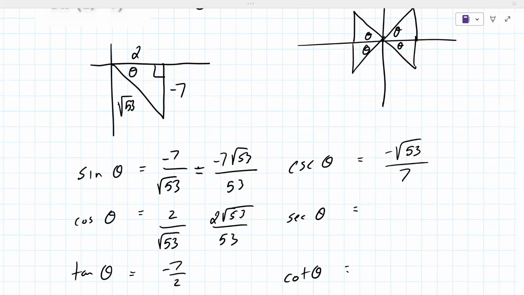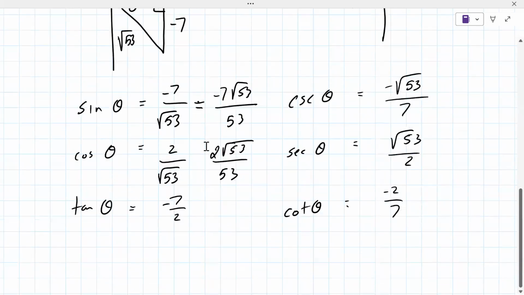And then root 53 over 2. And then -2 over 7. Very good. Okay, that's a solid test question, because you may have to do that.